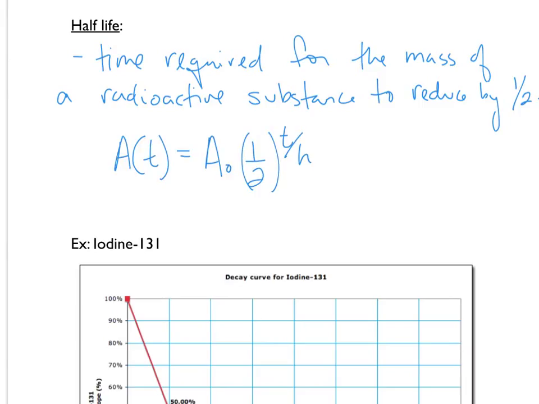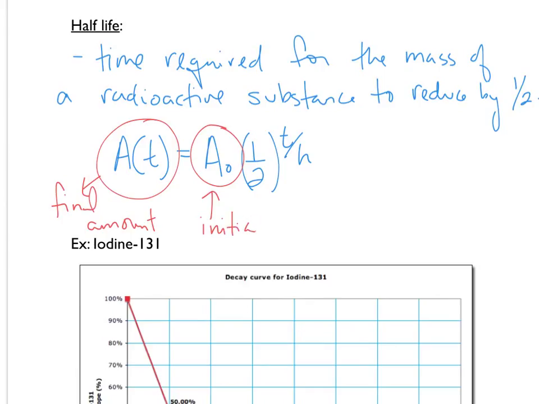So here your A of t is your final amount after the substance has undergone radioactive decay. This is your initial amount. So how much substance you're starting off with. The half is basically your split factor.